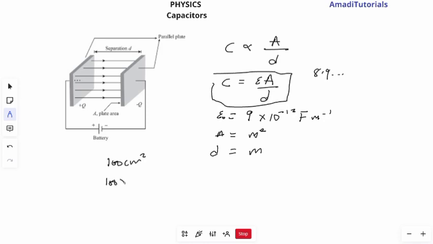You do 100 times 10 raised to the power minus 2 squared, which is the same thing as 100 divided by 100 meters, which will give you 1 meter squared. So this is the second formula you have to take note of with respect to construction of a capacitor.